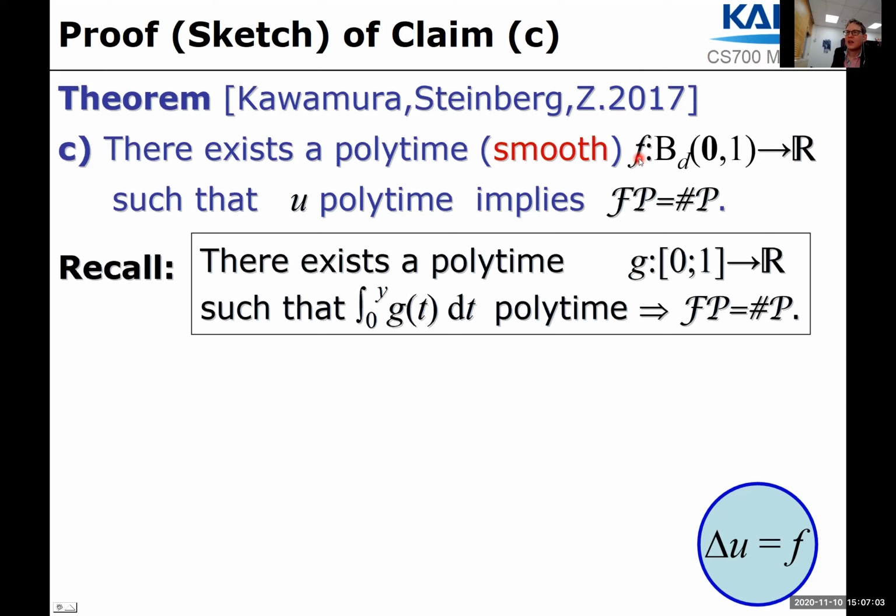This is later going to be formalized as a continuous reduction. So this corresponds to the mass reduction, encoding an arbitrary discrete counting problem in sharp P into this continuous function. And now in turn, we're going to encode this continuous function as right-hand side of the Poisson's problem.